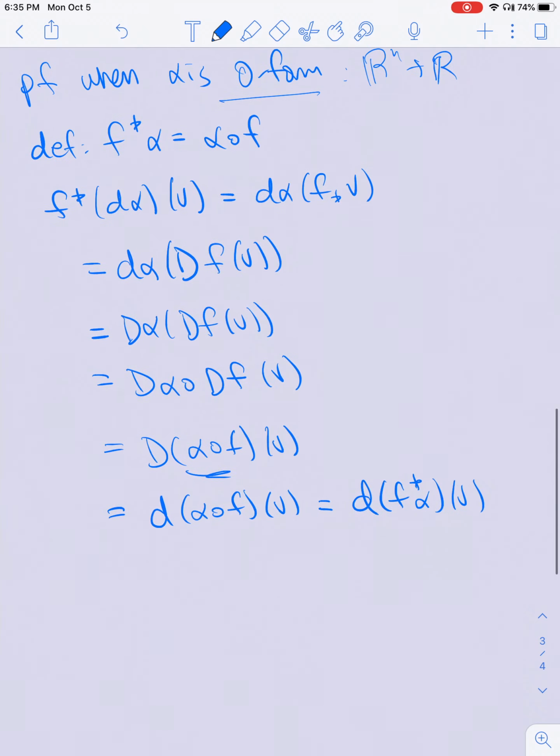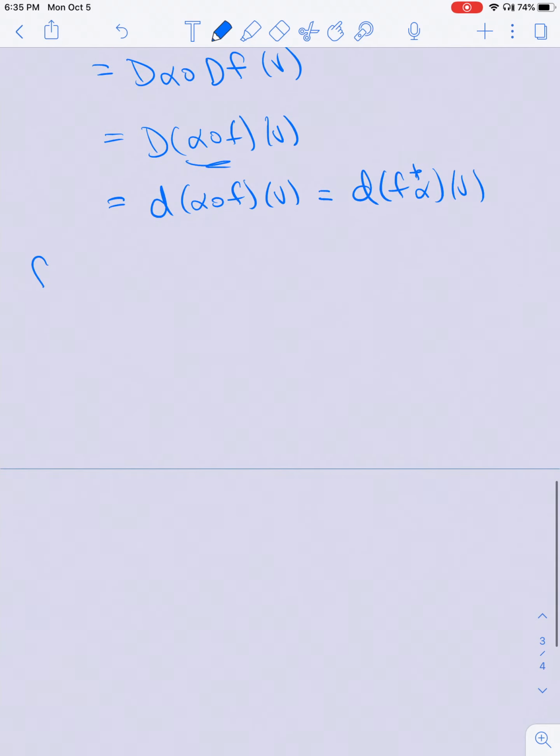So now we need to prove the identity in general, and this video illustrates the utility of the two different definitions of the wedge product. I want to prove that f pullback of d of some general k-form is d of f pullback of the k-form.